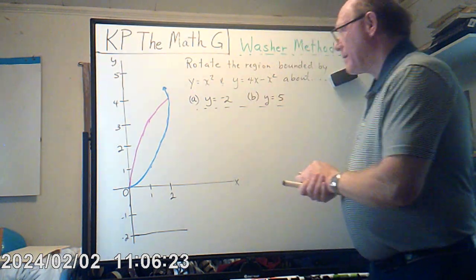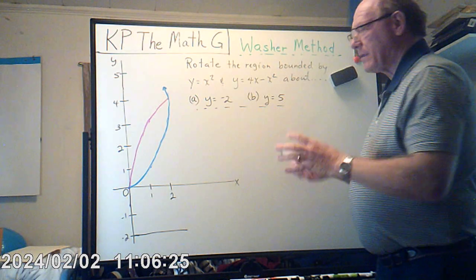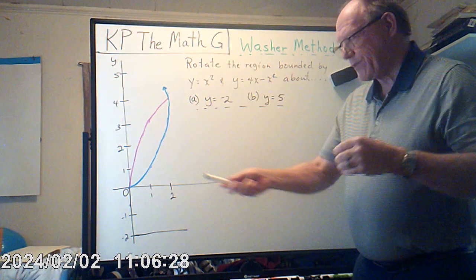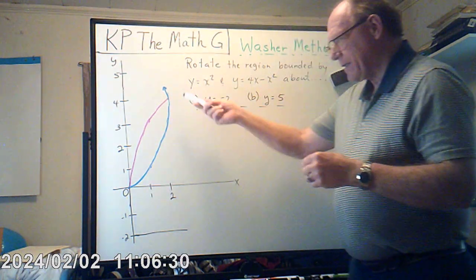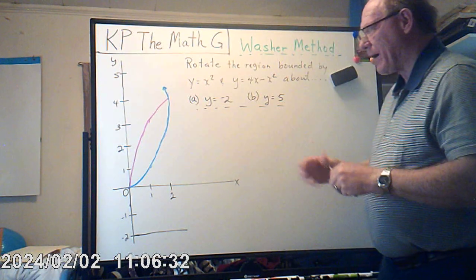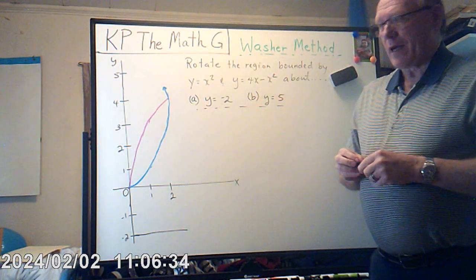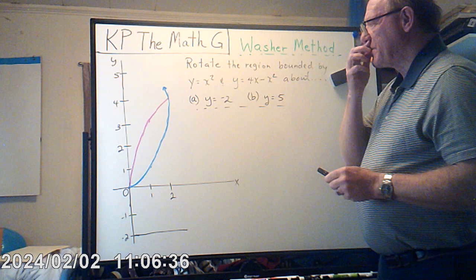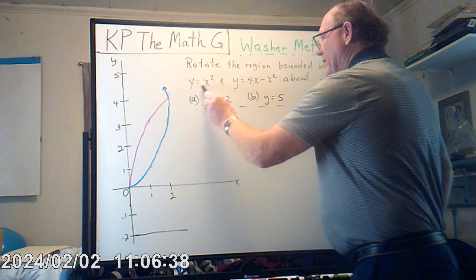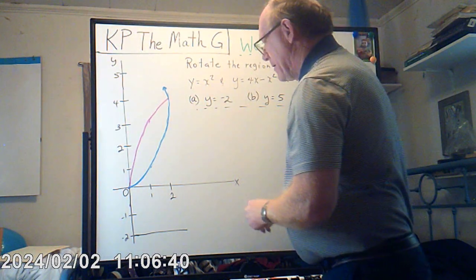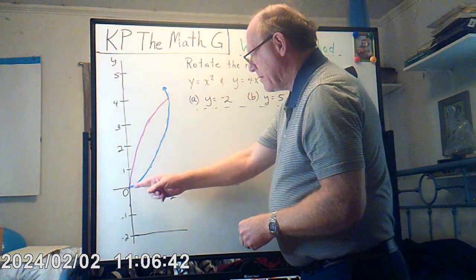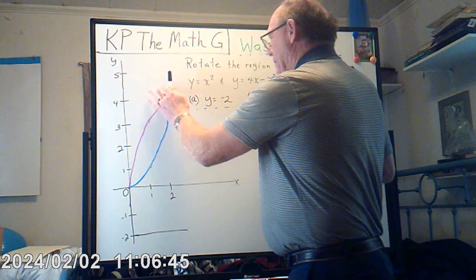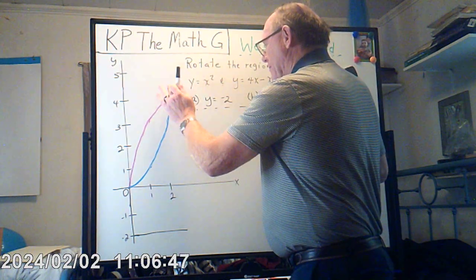We are dealing with a volume of solid that is going to be rotated about a line, and in this case we have two equations. y equals x squared, that would be this one, and actually it does not curve back inward like that.